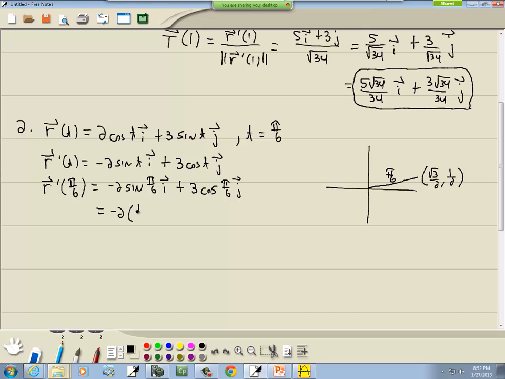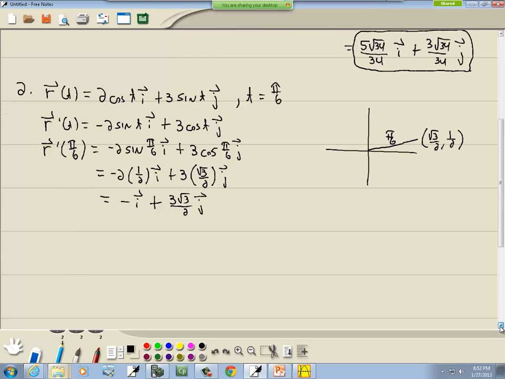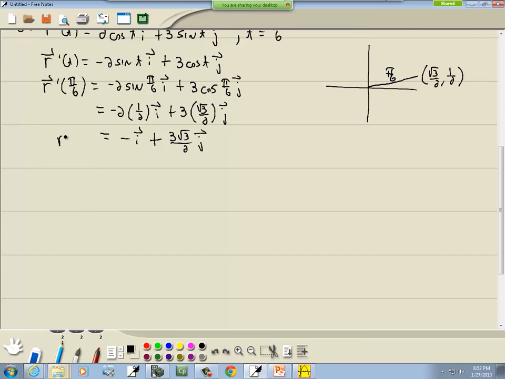So we got negative 2 times 1/2 i plus 3, and cosine is square root of 3 over 2, so we got square root of 3 over 2 j, which gives us negative i plus 3 square root of 3 over 2 j. That's r prime of pi over 6.